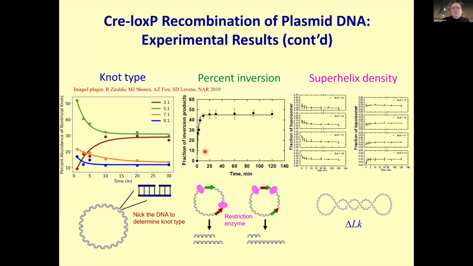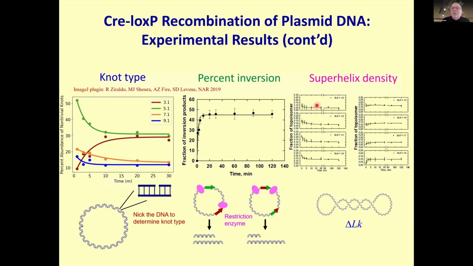At the same time, we follow the overall progress of the reaction and monitor the kinetics of formation and decay of different linking number topoisomers. And so each one of these has its own characteristic kinetics.